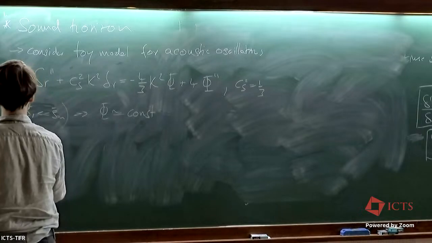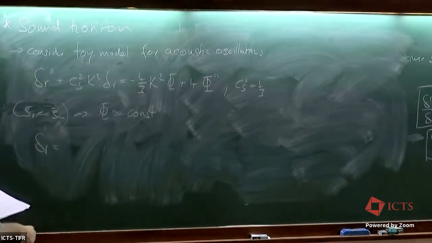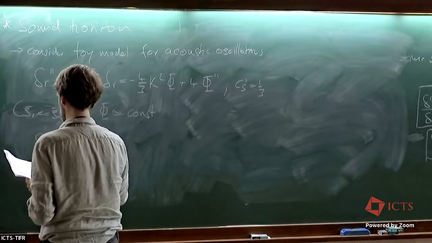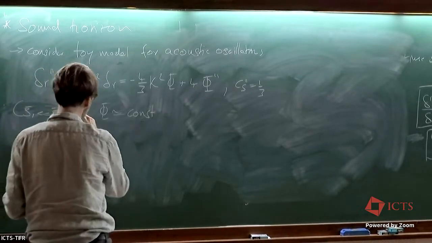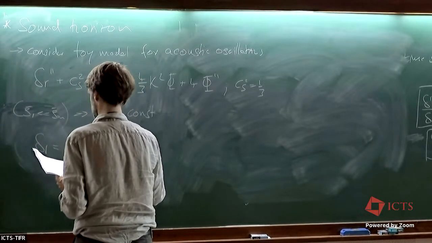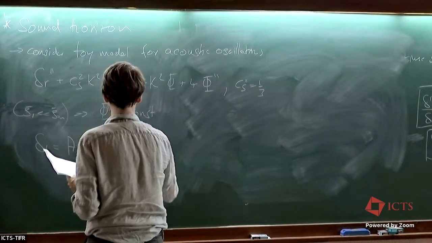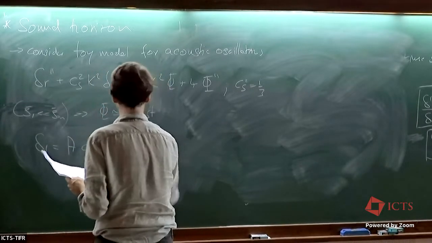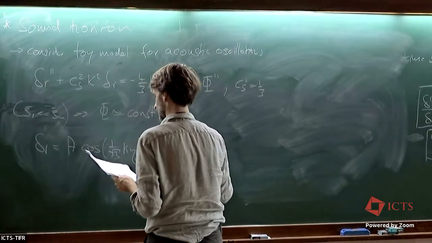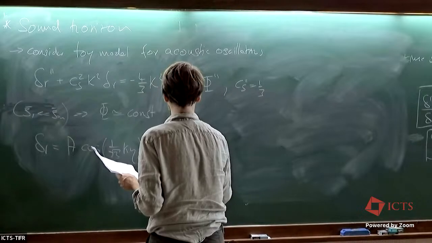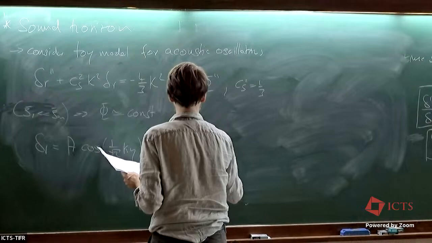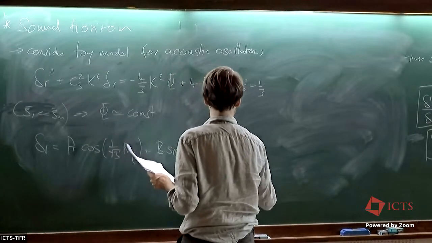And what we find is just a standing wave solution. I think Rishi also mentioned that. A cosine of K eta, plus another coefficient, B, sine K eta, minus 4 phi, which is the constant.